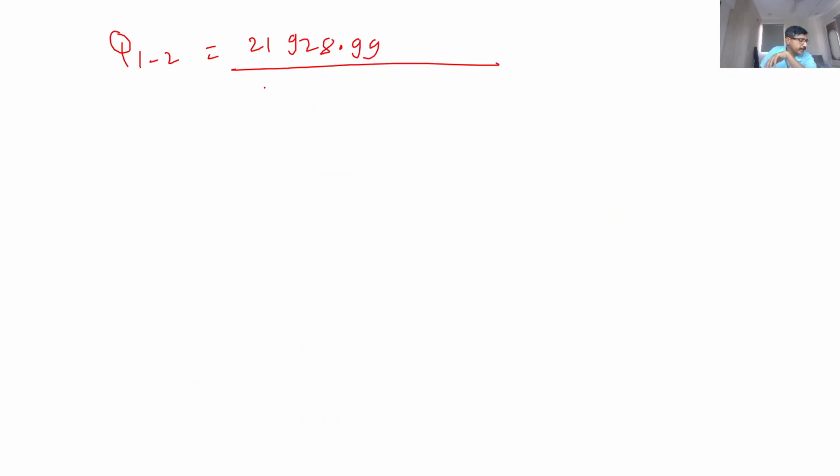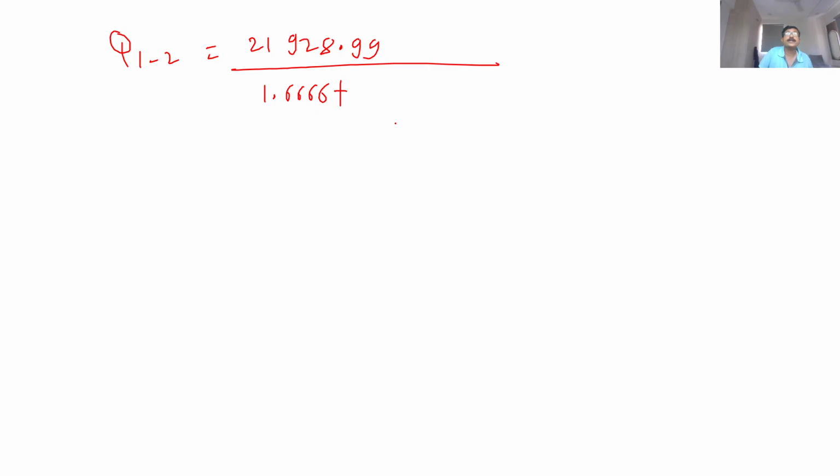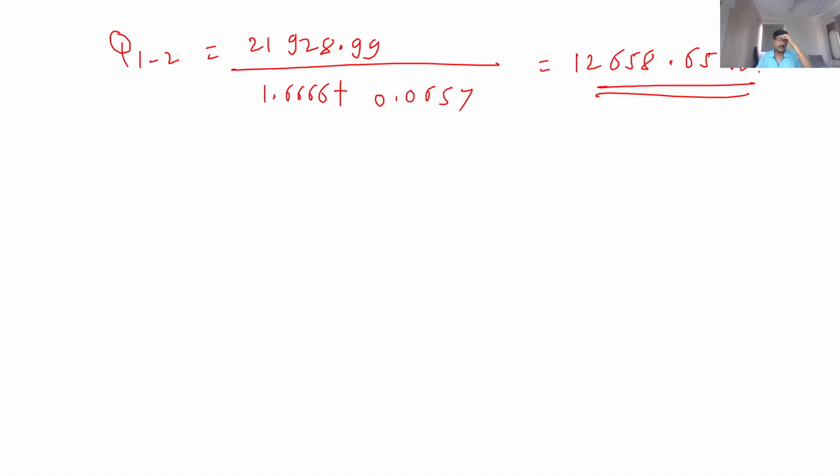If I will calculate, it comes at 1.6666 plus, if I will calculate this second term, that answer is coming as 0.0657. If I will solve this, the answer comes as 12658.65 watt. So this is the heat transfer rate from the roof to the 4 walls and floor combinedly.